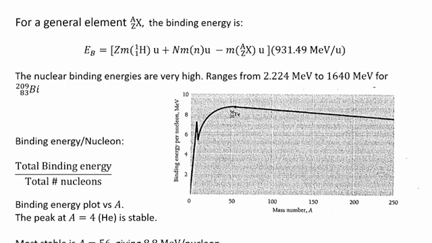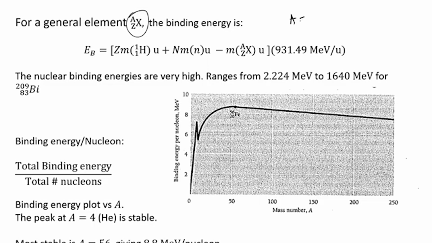This is for a general element. We have given an example for deuterium, and so for a general element X, whose atomic number is Z and the mass number is A, the binding energy has this form: Z is the number of protons, which you multiply by the mass of hydrogen in these atomic units, and then Mn, which is the mass of a neutron, and N is the number of neutrons.